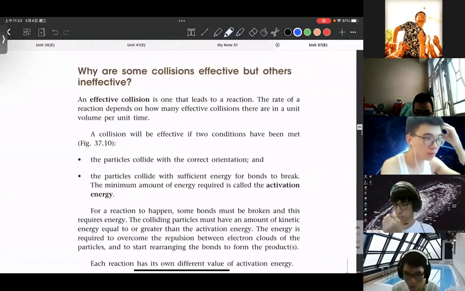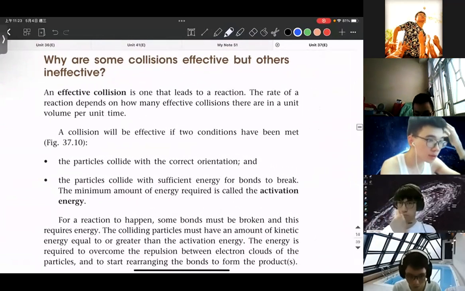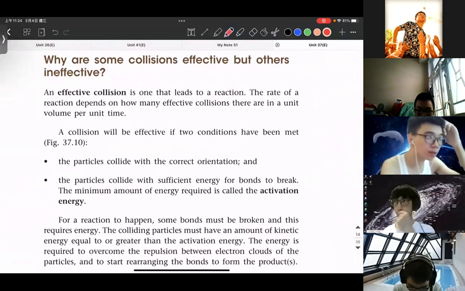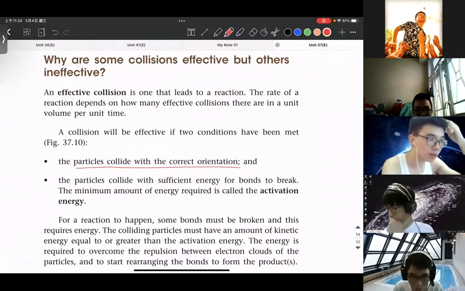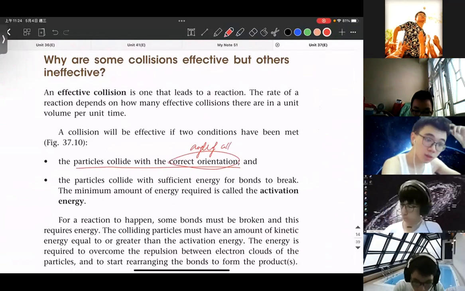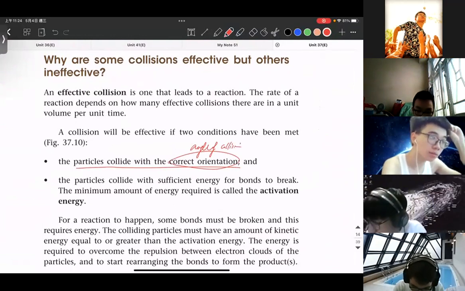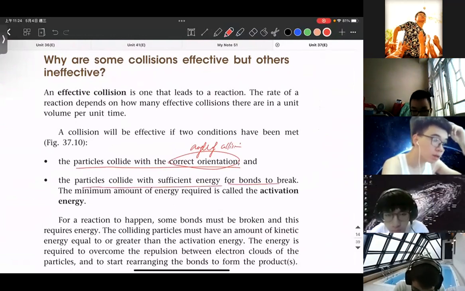A collision is said to be effective if two conditions have been met. Firstly, the particles collide with the correct orientation, the direction, the angle of collision. The second one is that they collide with sufficient energy for the bonds to break.